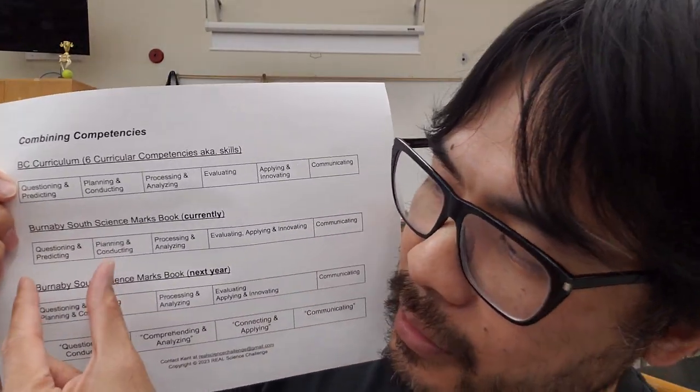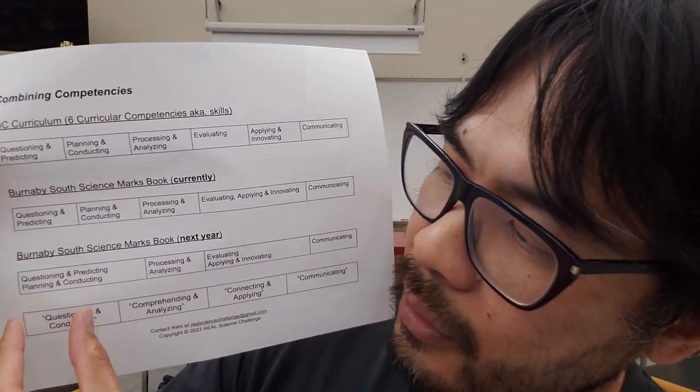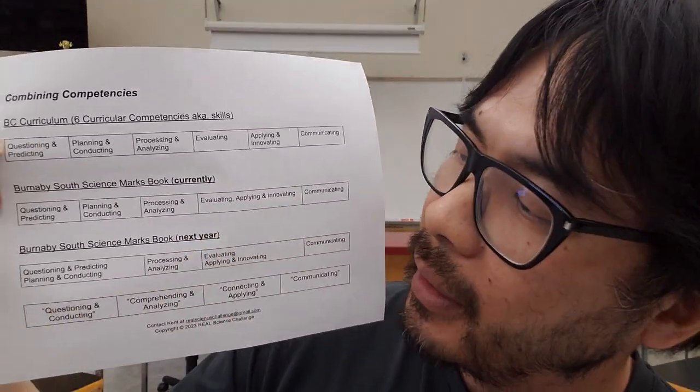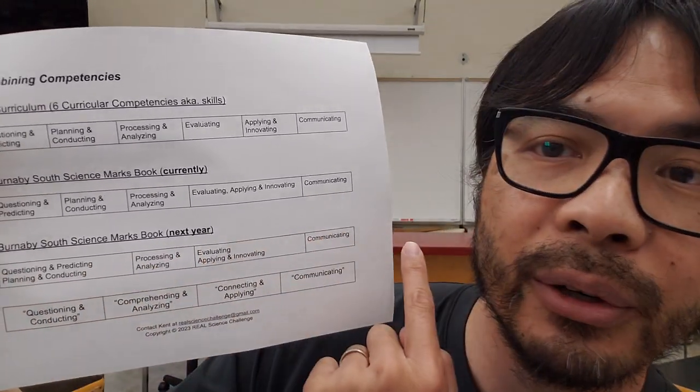Now, for next year though, we're switching things up. We're combining 2 more skills because of significant overlap and because it'd be easier to mark them together. So we're combining for next year these 2 skills into one category. And of course, this category still remains. So now we actually have 4 categories.